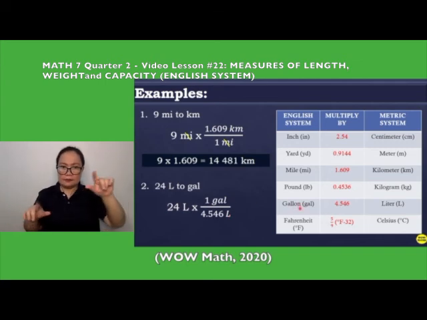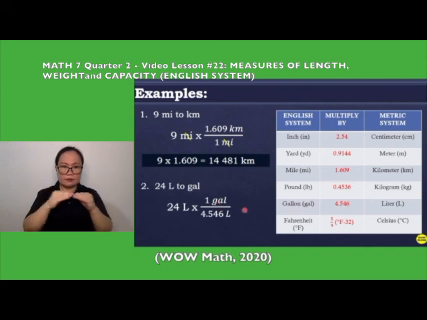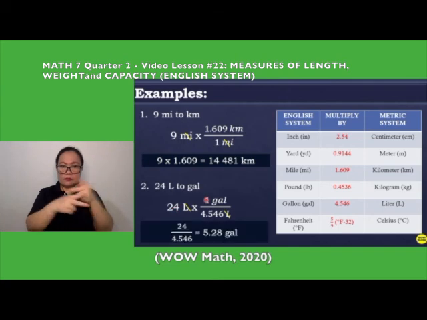Now, 1 gallon is equivalent to 4.546 liters. Kaya dapat memorize po ito. So, we can now cancel liters. So, we now have 24 times 1, that is 24, over 4.546. So, magdi-divide tayo ngayon. Kagaya nga ng sinabi ko, pag right to left, divide. Okay, so 24 divided by 4.546, that is equivalent to 5.28 gallons.